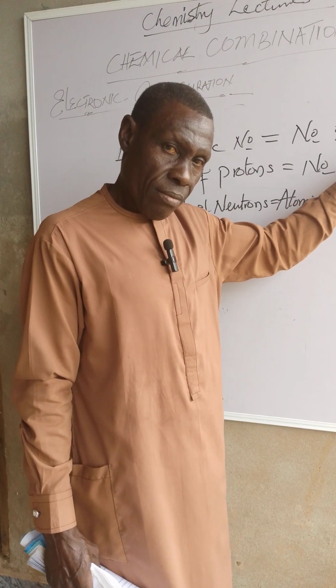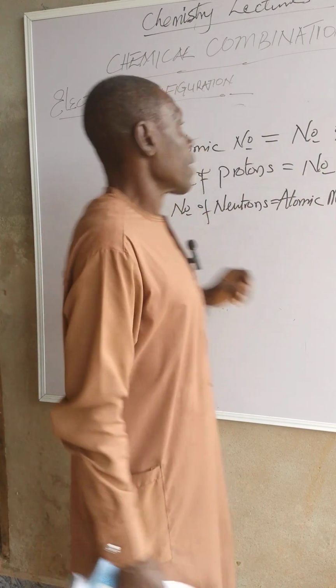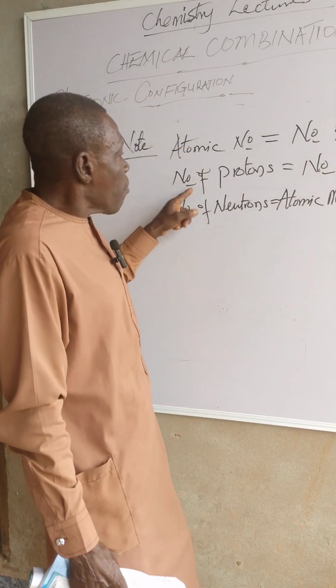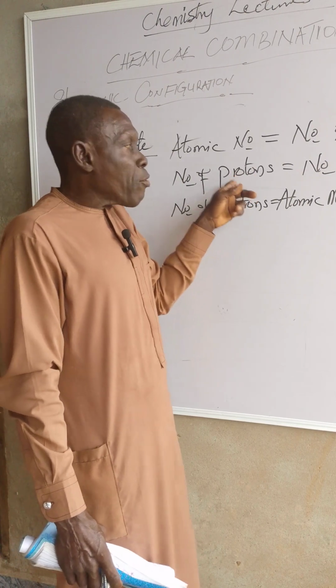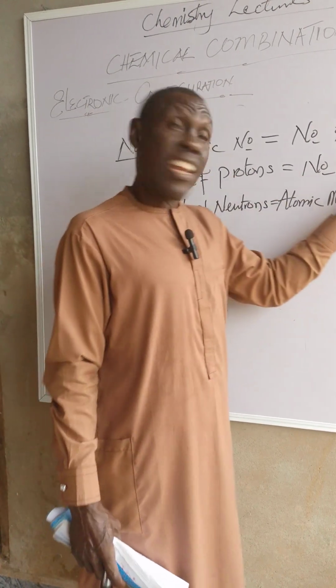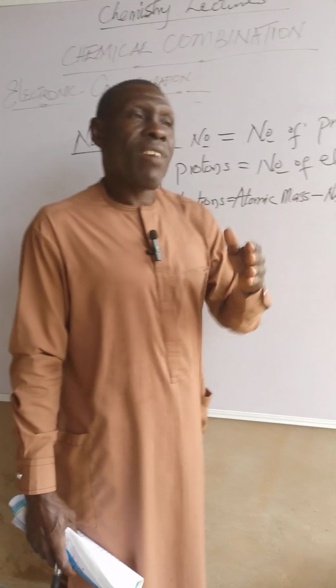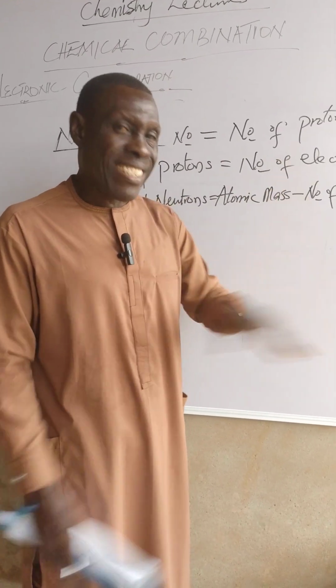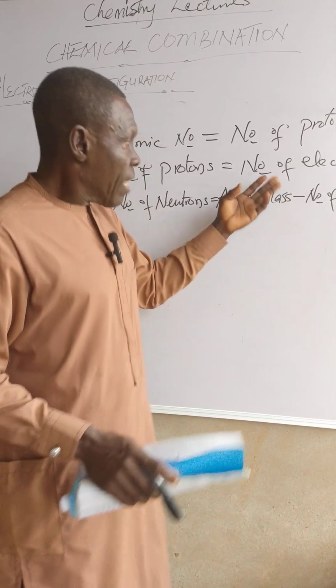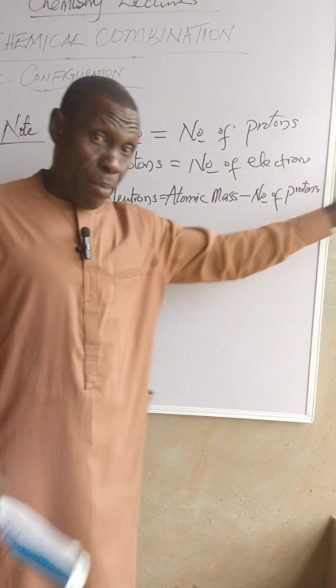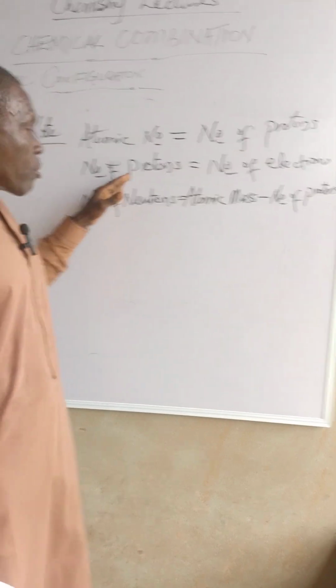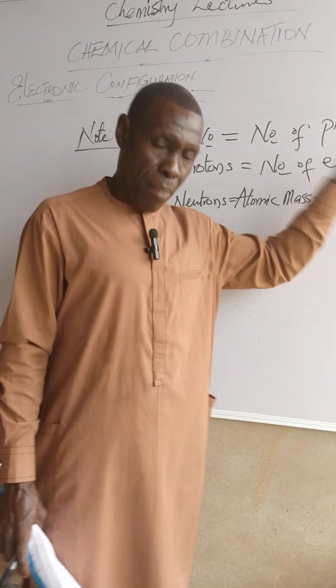Protons. It's a basic fact. Then if you have determined the number of protons, it means the protons are also equal to the number of electrons. And that's why every element in the ground state is electrically neutral, because electrons are negatively charged particles, while protons are positively charged particles.